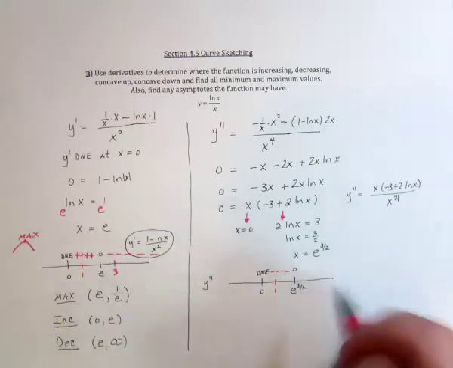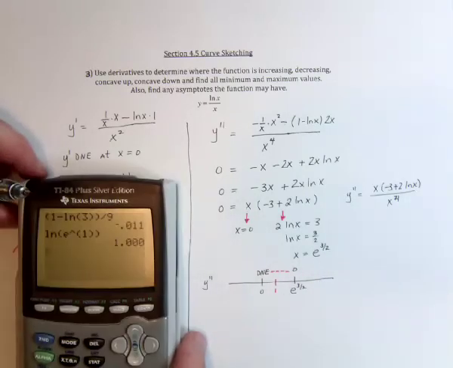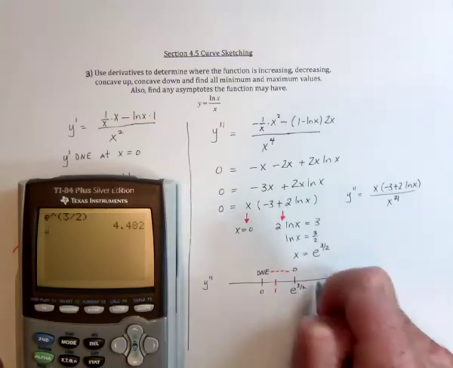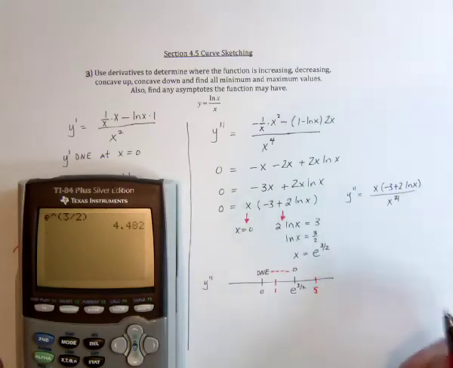And then pick something over here, so I better just double check. e to the 3 divided by 2 is 4 point something, so I could pick 5. And then substitute a 5 into this.